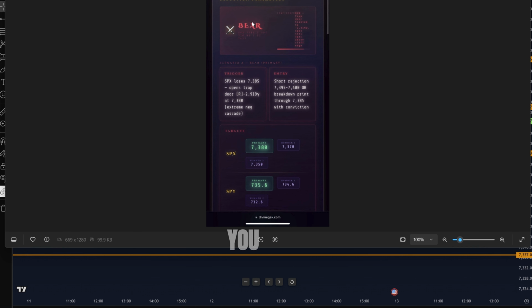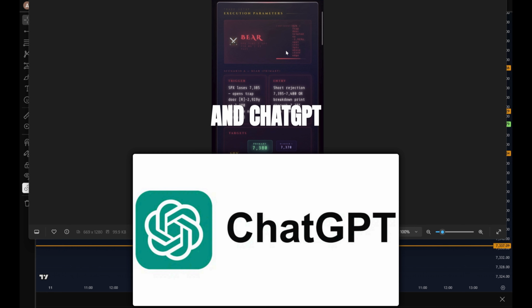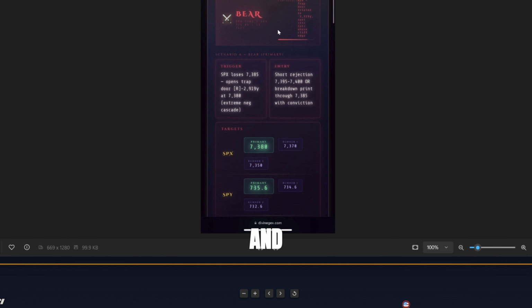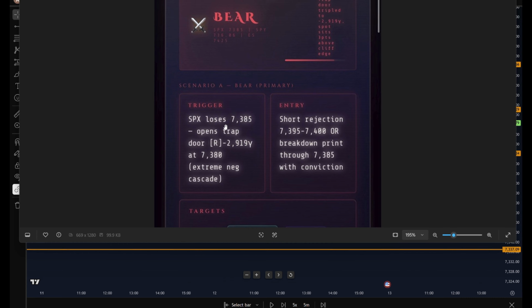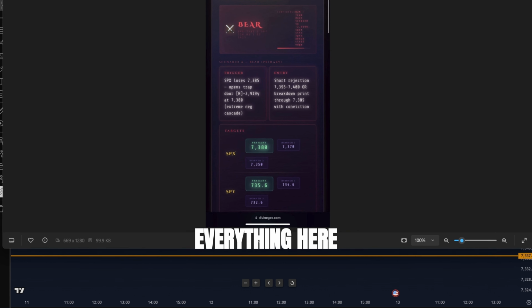You just read those and you're good to go. You don't need to upload to ChatGPT and ask what it means. Just pay attention to the levels. The levels matter.